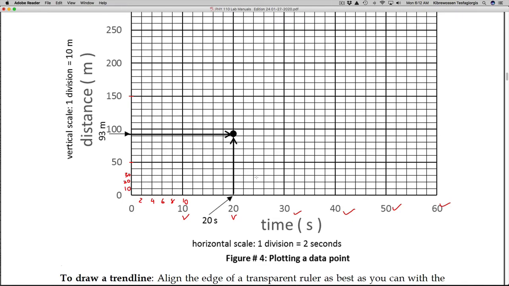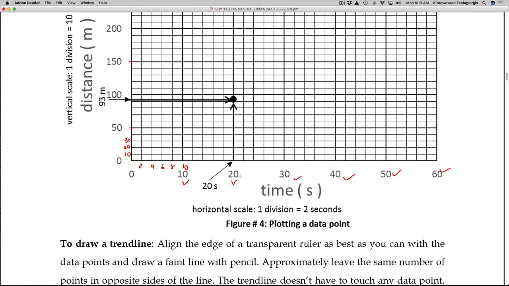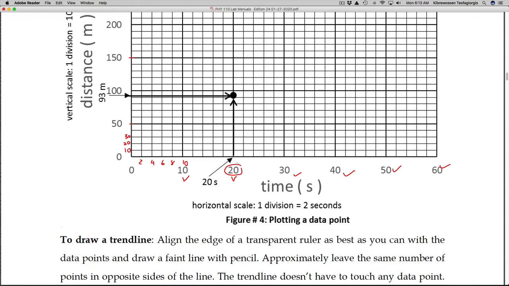Once you have that, the next item is to pick your x value. In this particular case, you pick your data value on the x-axis, and for instance, at 20 seconds, what is the value on the y-axis, or the distance? Then you draw a vertical line until you reach that corresponding value.